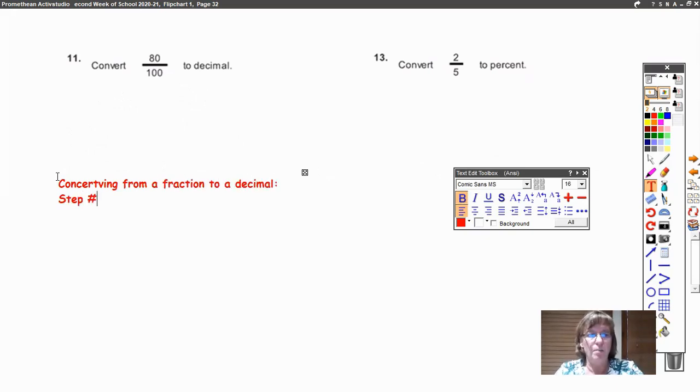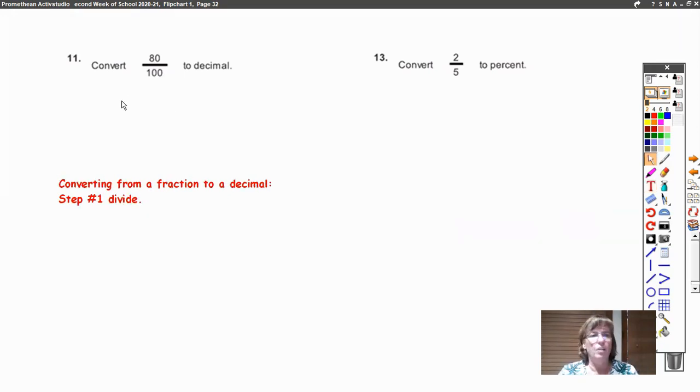So step number 1, you're going to divide. All you do is just do the division. And you just need to remember that a fraction is just a division bar, okay? So it looks like this: 80 divided by 100. Top to bottom, as we do 80 divided by. This shows that this is being divided by this number out here. And then we just do the math. 100 goes into 8 0 times. 100 goes into 80 0 times.